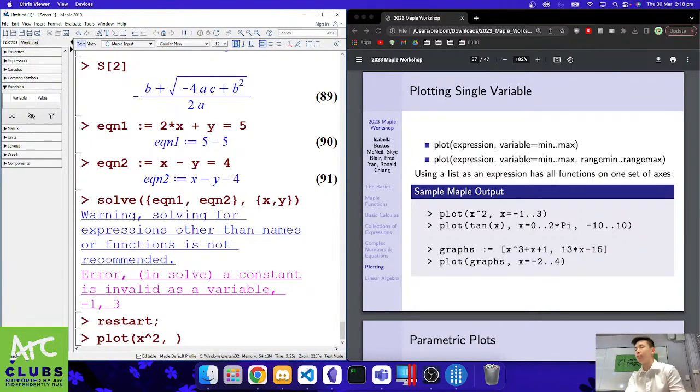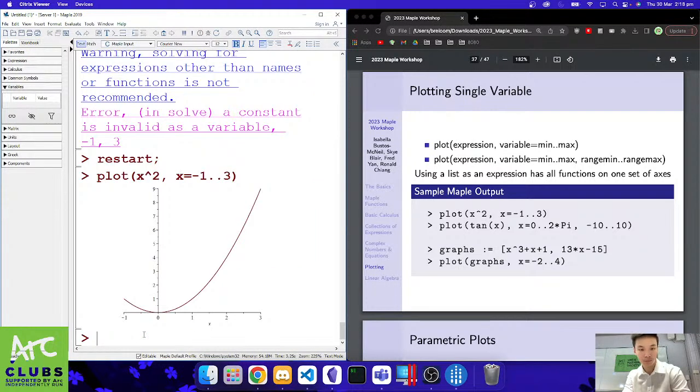And the second parameter is the range of x values that you want. Okay, so let's say that x ranges from -1 to 3. And as you can see, we get a nice parabola where the x values range from -1 to 3.